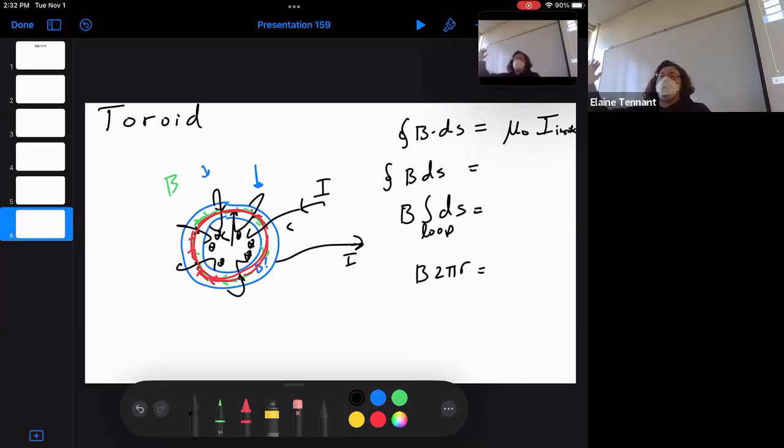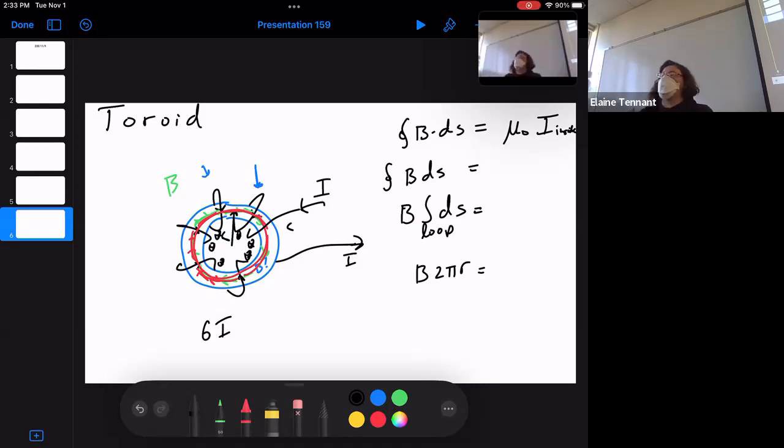So 6 times that wire goes in through my circle, and so I have 6I going into the circle. Does that make sense?